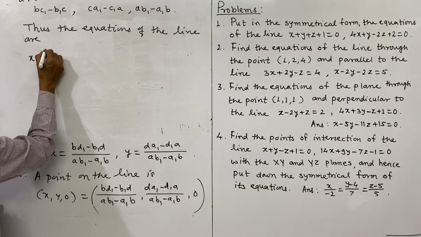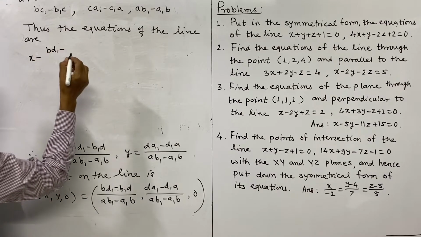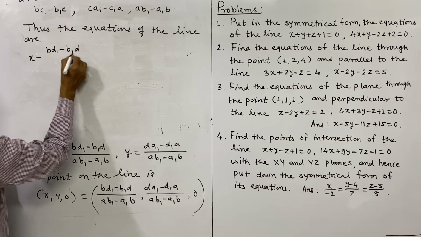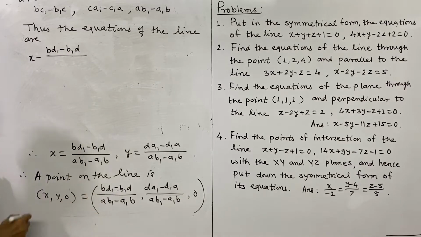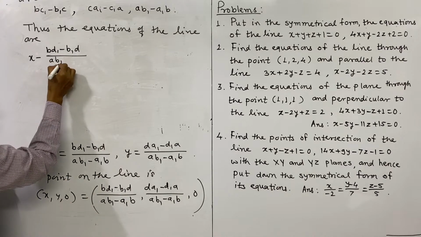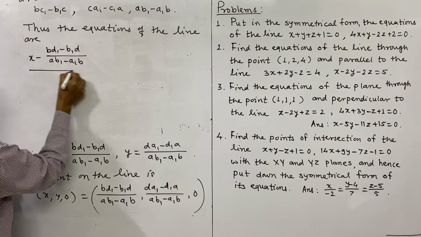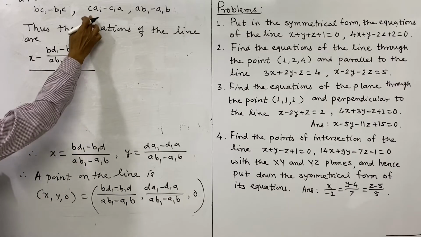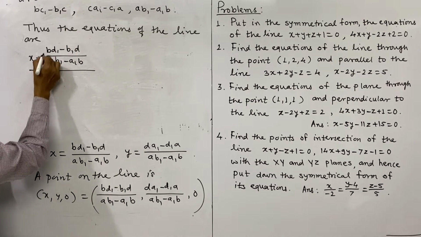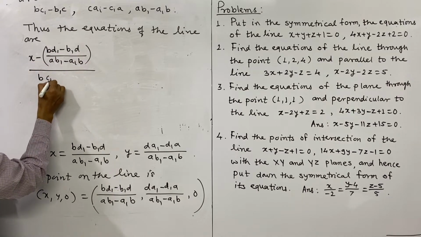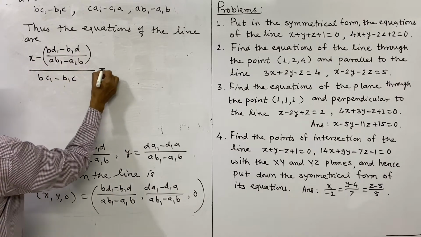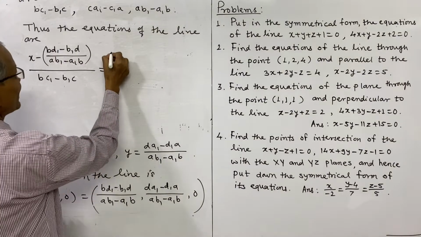This is bd1 minus b1d. This is a point on the line, divided by ab1 minus a1b, divided by the DRS first, bc1 minus b1c is equal to, now y minus y1.